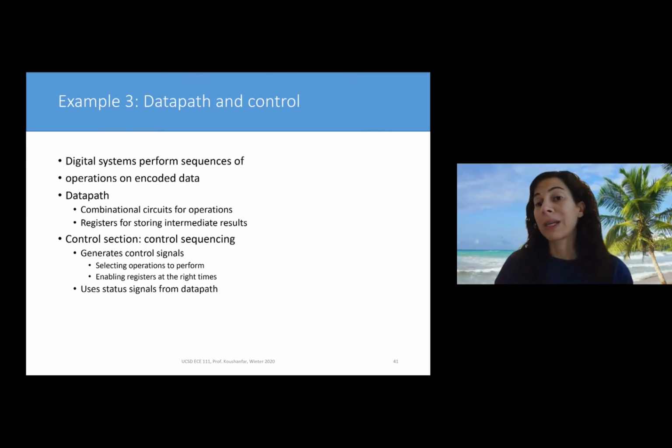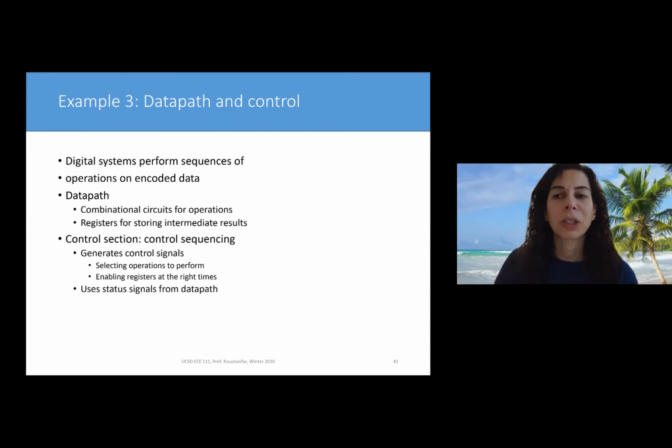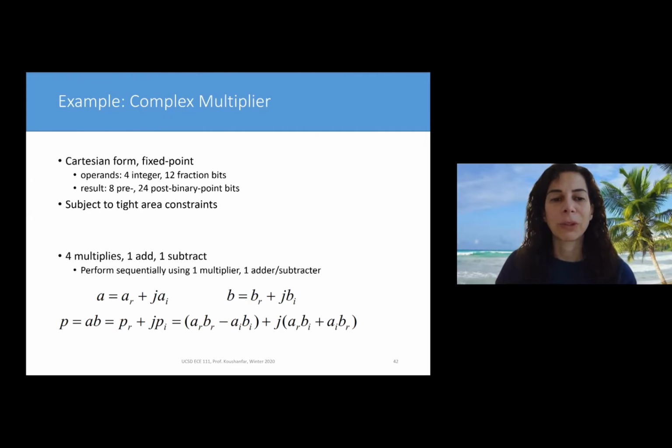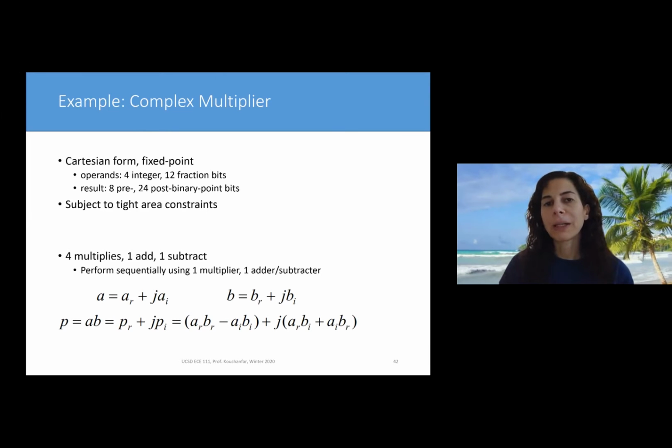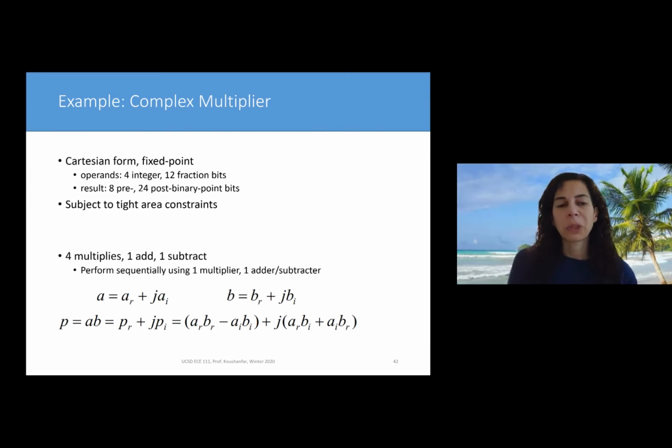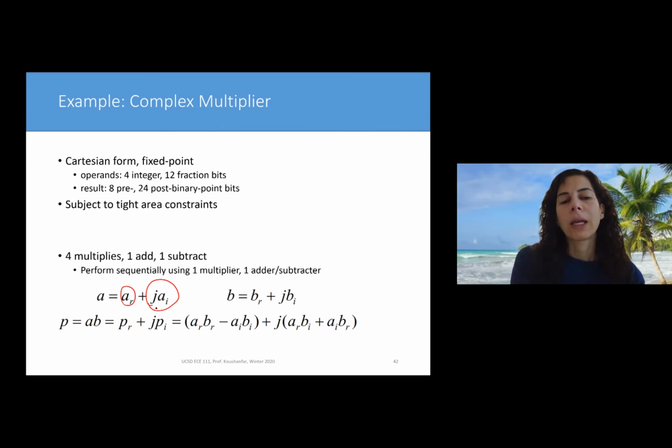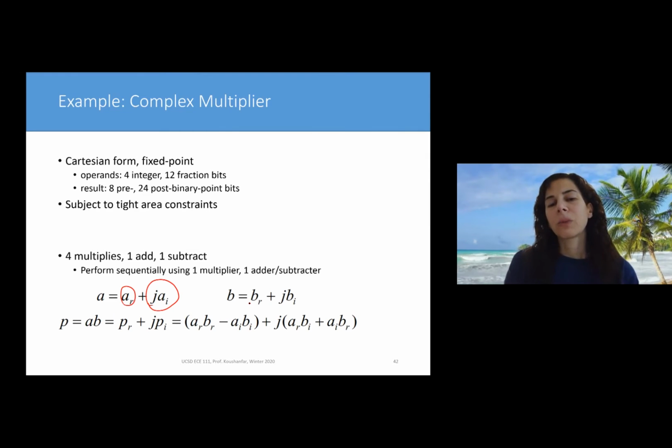Of course, you could make it way more complex than it is, but in this example, we're going to talk about the design of a very simple data path and control path. So imagine that we have a complex multiplier where we have two complex numbers. The first one is A real plus j A imaginary, and the second one is B real plus j B imaginary.